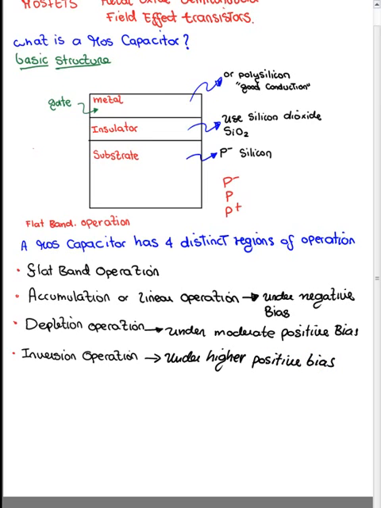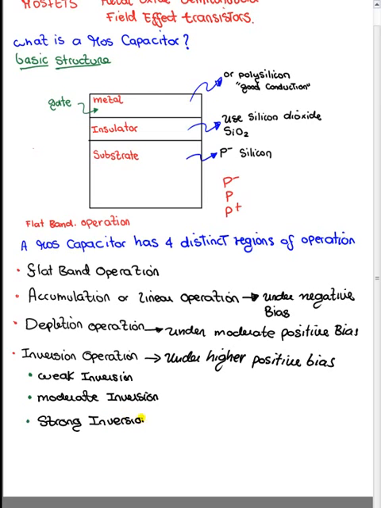In this inversion operation there are 3 sub-regions of operation: weak inversion, then moderate inversion, and the most important one, strong inversion. That's how we use our transistors most of the time.